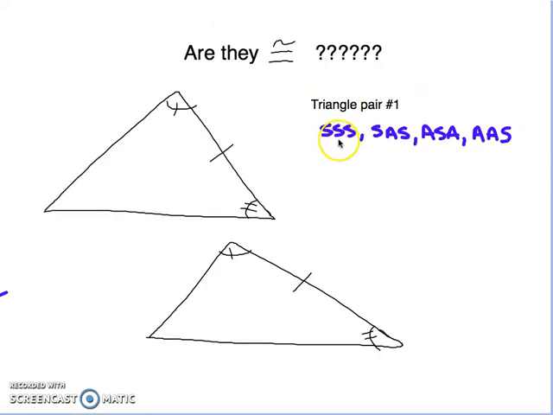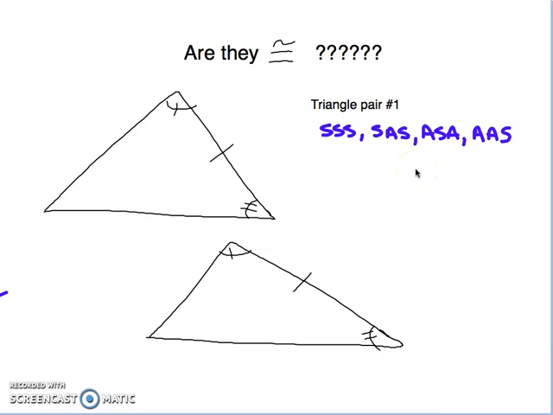These are the only four theorems that there are: side, side, side; side, angle, side; angle, side, angle; angle, angle, side. Sometimes students might want to throw in an angle, angle, angle, or angle, side, side, or side, side, angle.